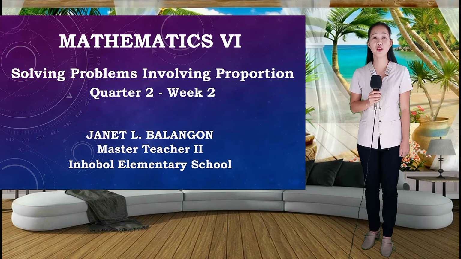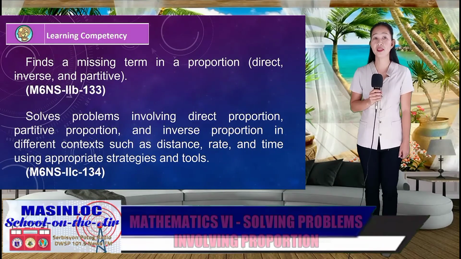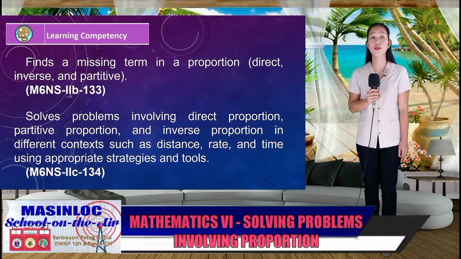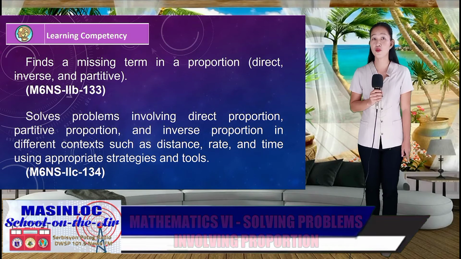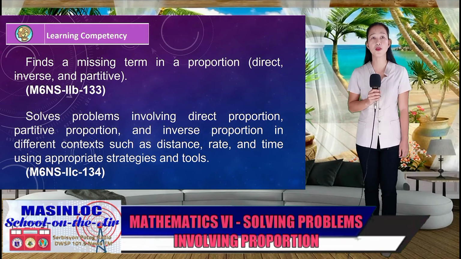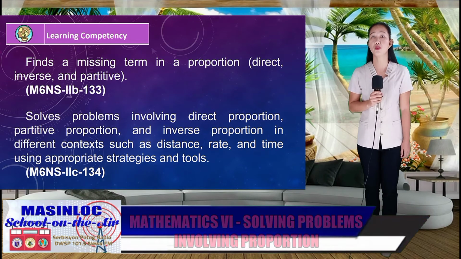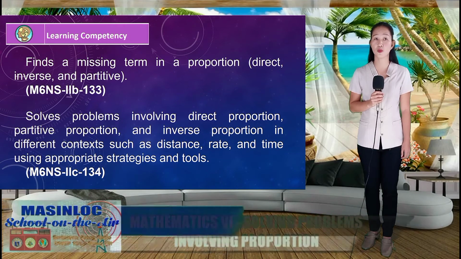We are now on the second week of the second quarter of this school year. Our competencies for today are: find a missing term in a proportion, direct, inverse, and partitive, and solve problems involving direct proportion, partitive proportion, and inverse proportion in different contexts such as distance, rate, and time using appropriate strategies and tools.